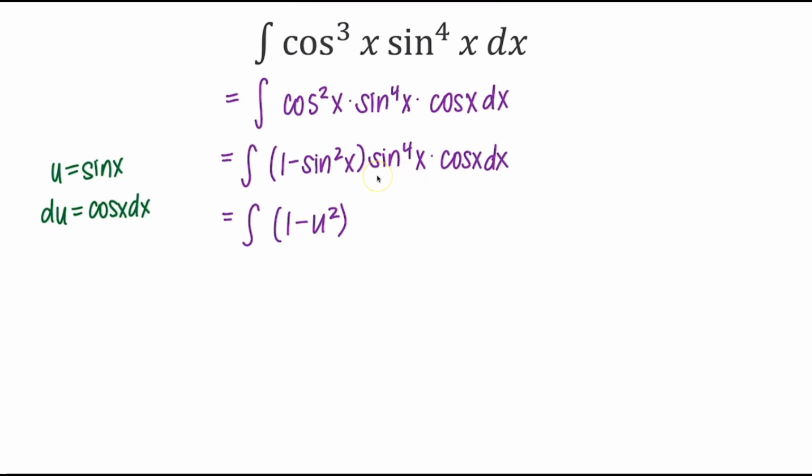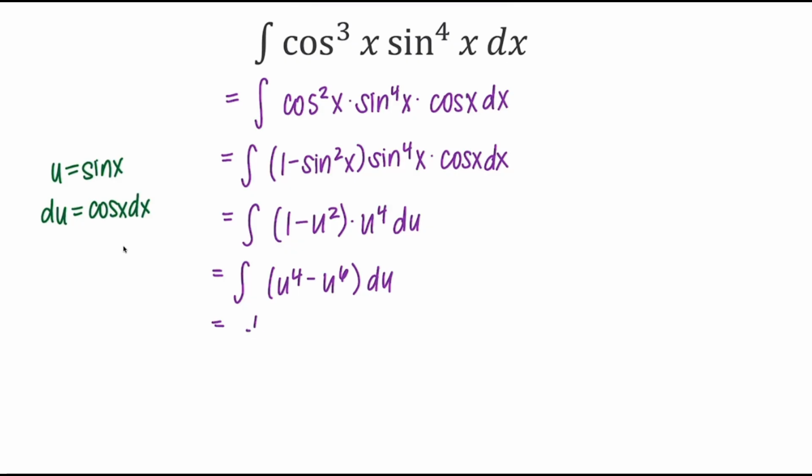That's going to become u to the 4th du. All right, before I can integrate, I have to distribute the u to the 4th in so that I have terms being added or subtracted. So I'm going to have the integral of u to the 4th minus u to the 6th du.